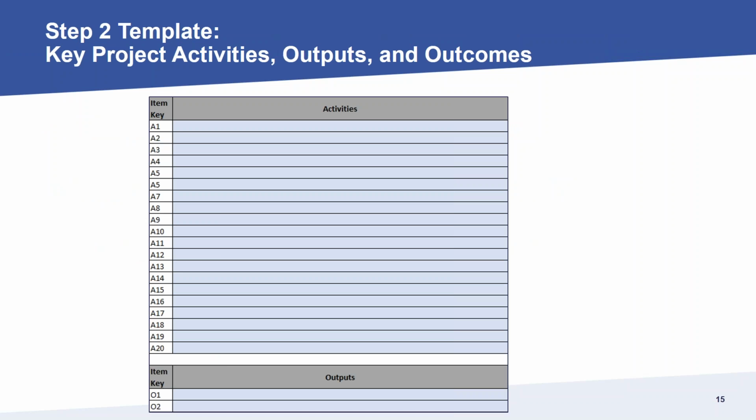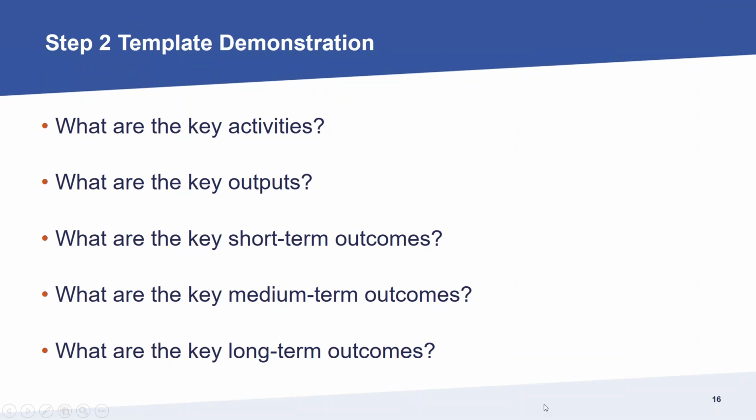This is a screenshot of the Step 2 template that's available to you in Excel to help you document key information from your logic model. You'll use your project logic model to identify the items that represent the project's key activities, outputs, and short, medium, and long-term outcomes.